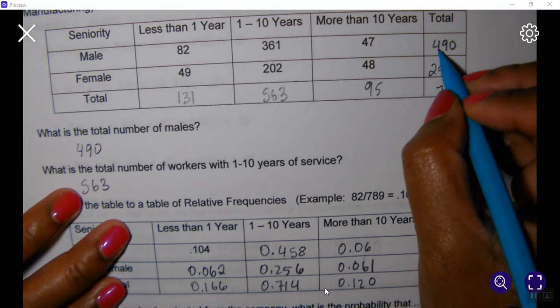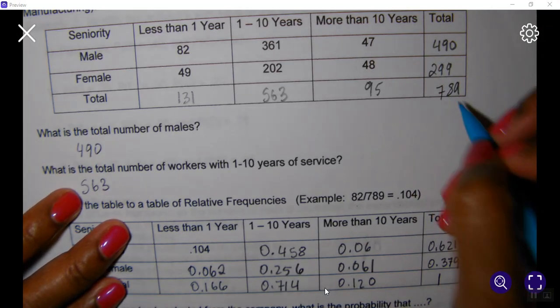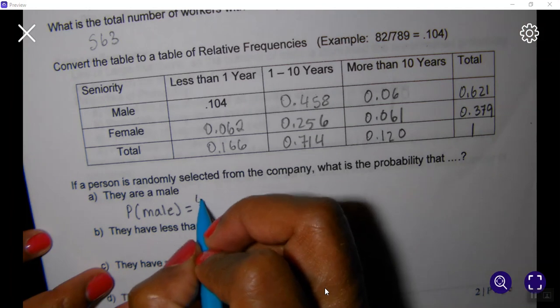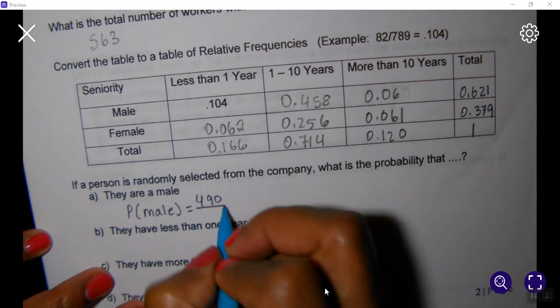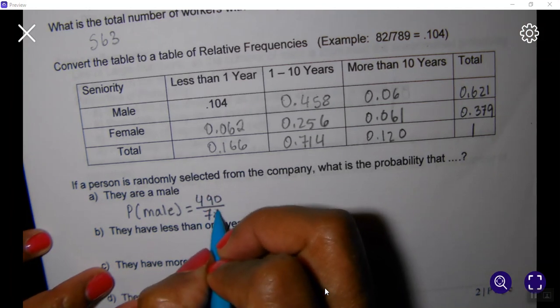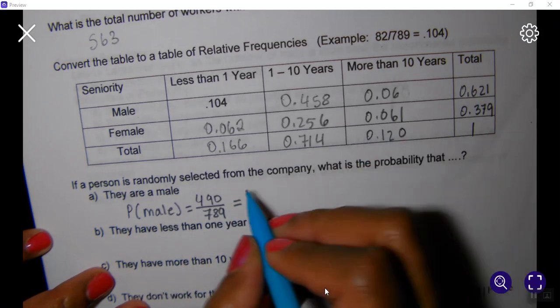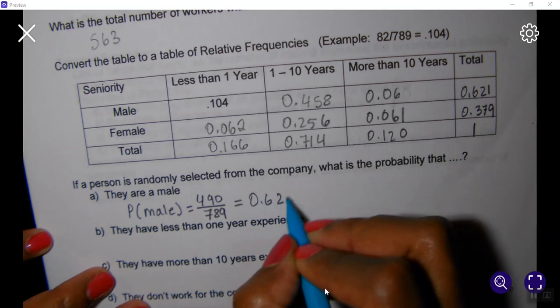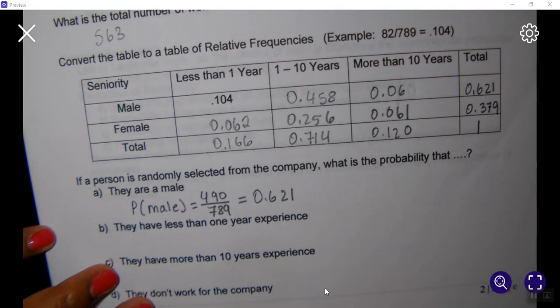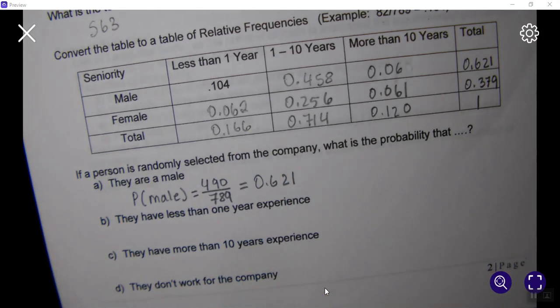We can say it is 490 divided by 789. Which is equal to this right here, which we spent all that time calculating. So that is my probability of someone being male and from this company.